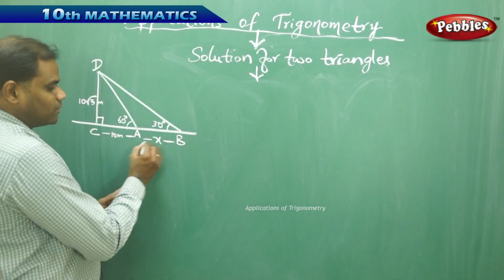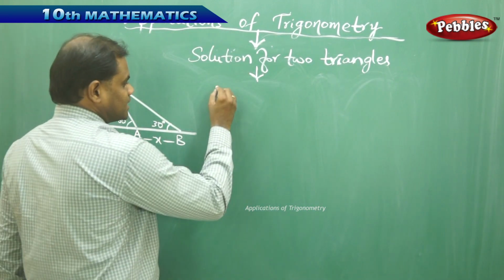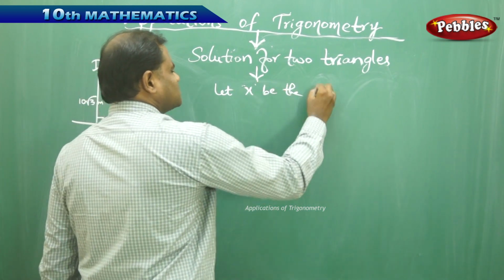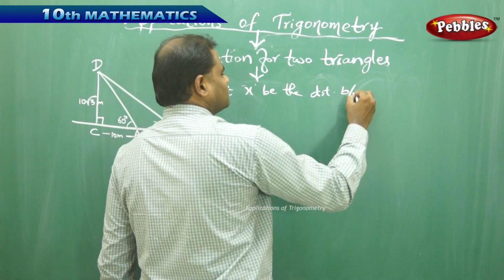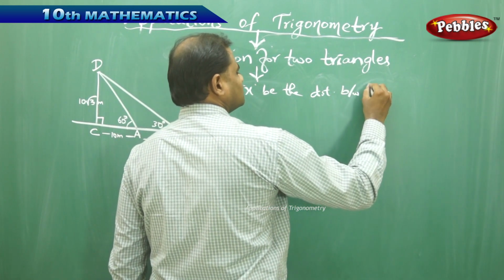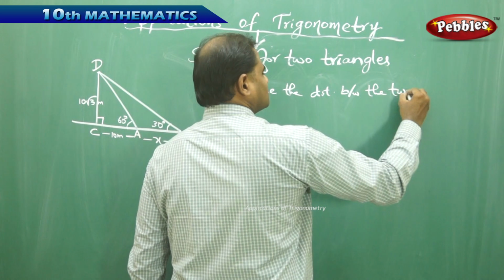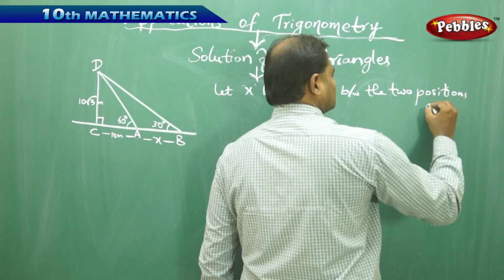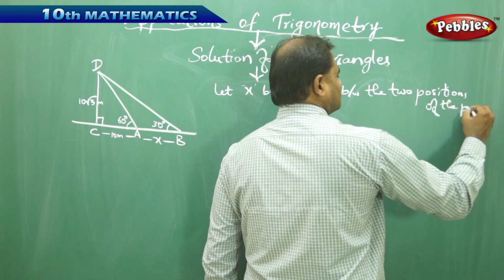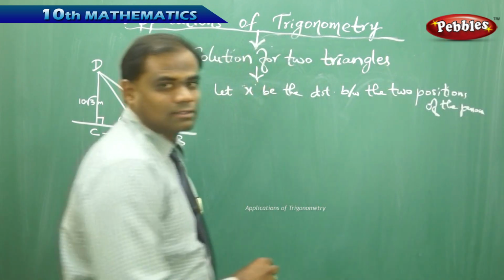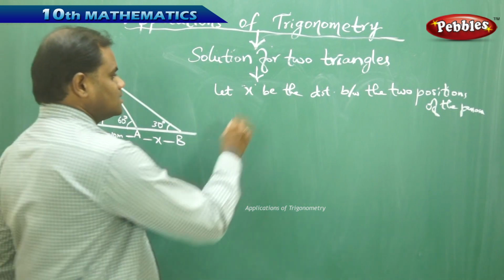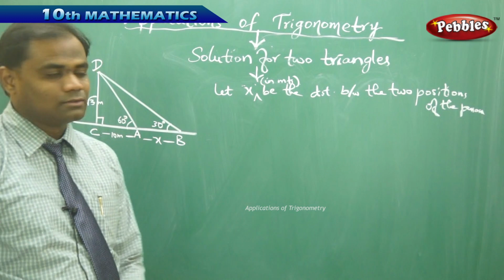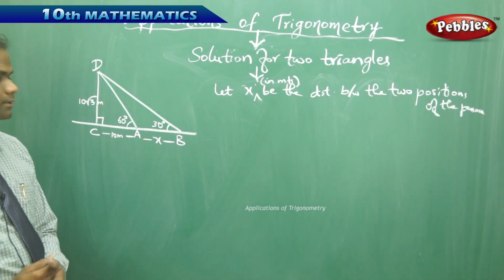So I take the distance between the two positions of the person as x, where let x be the distance between the two positions of the person, in meters. Let's see how x can be found from the given right angle triangles.